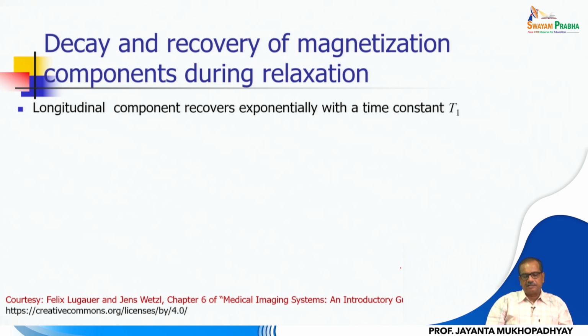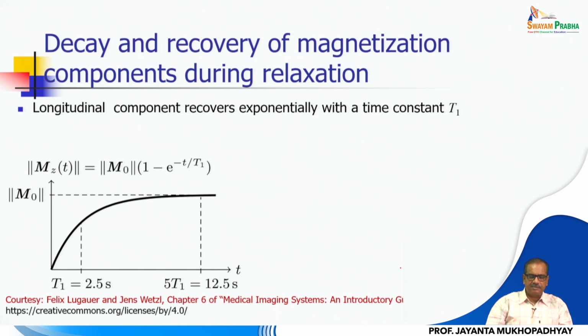Now, let us also understand the nature of decay and recovery of magnetization components. The longitudinal component recovers exponentially with a time constant T1. So there are two different time behaviors of the longitudinal and transversal components. When it is relaxed, the longitudinal component recovers from 0 to the original state of its magnetization.